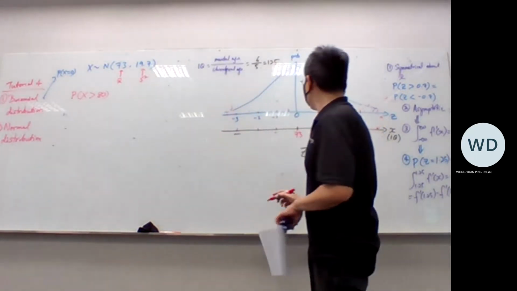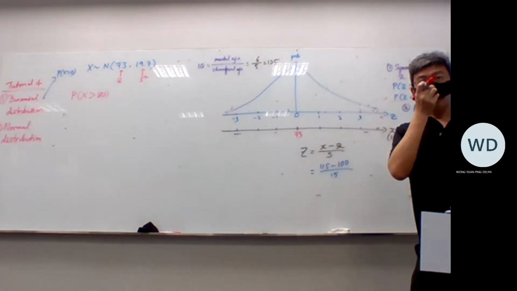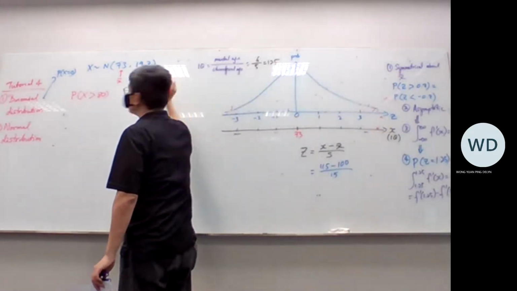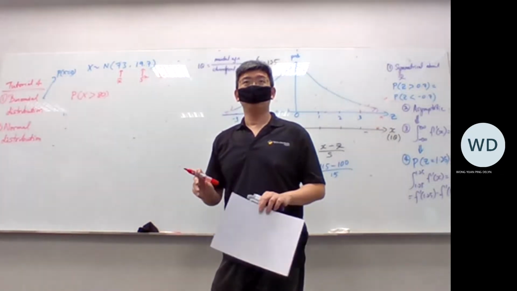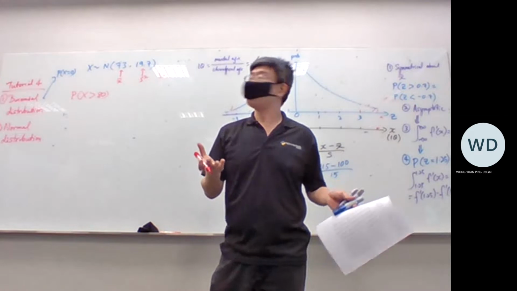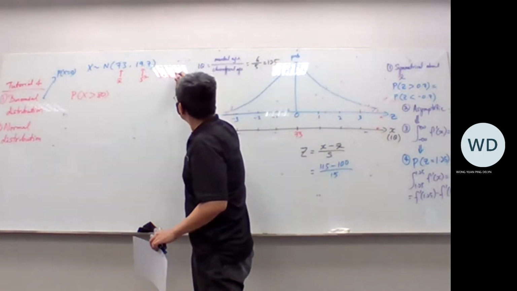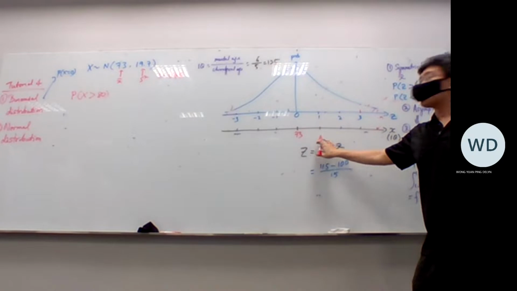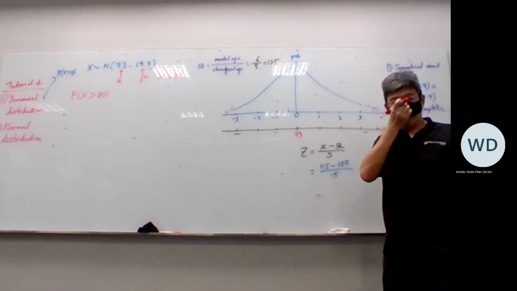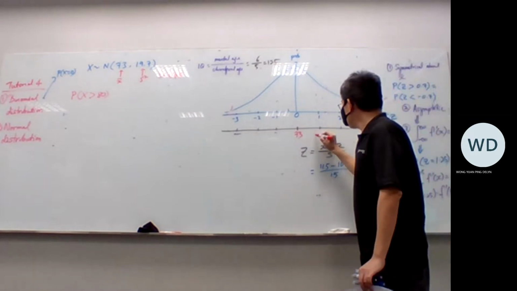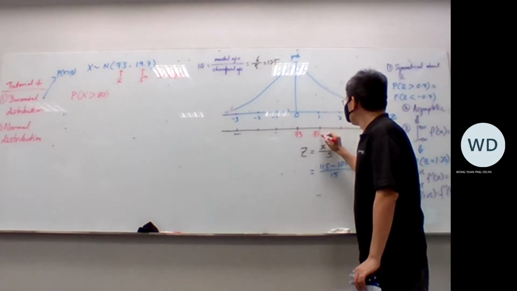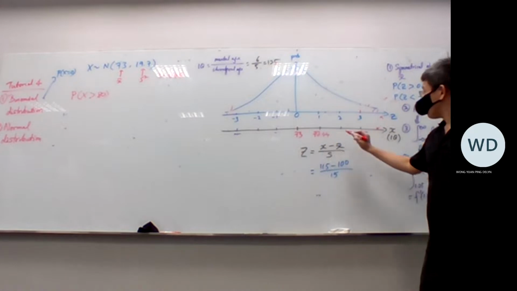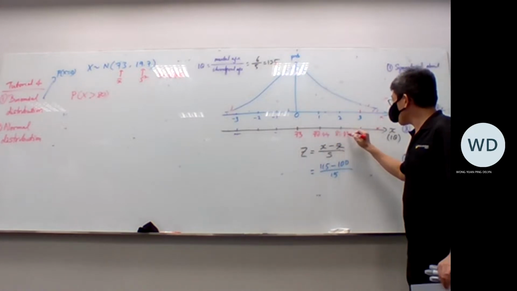What is the square root of 17.9? 4.44. So 73 plus 4.44 is 77.44. Then 77.44 plus 4.44 is 1.88. Okay, that's all we need.